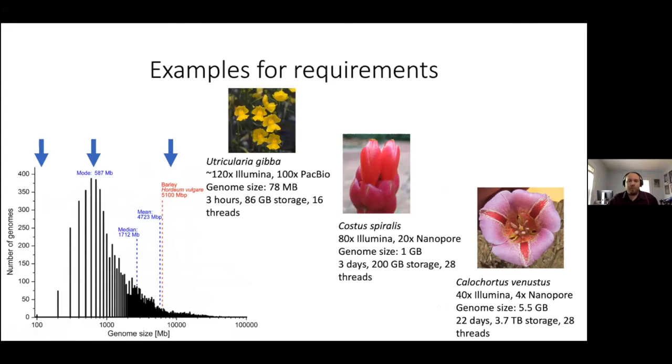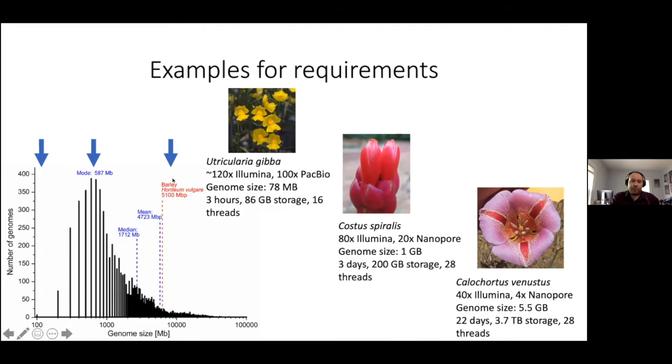Storage is minimal. If you go from where we are here to a little bit past the mode, say for a 1 gig genome, this is again some of the stuff that Febe was mentioning. If you have 80x Illumina data and say 20x nanopore data, again, with the genome size about 1 gig, it may take you 3 days of assembly time with 28 threads, and your storage is now 200 gigs.